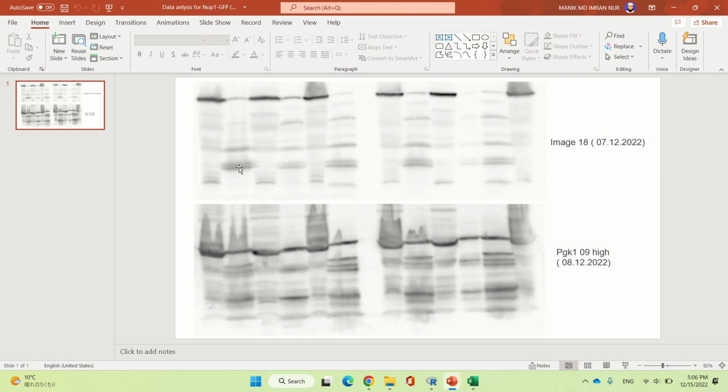Yes, but all of the data must be normalized to some other factor. Normalized means like this. For example, normalization in case of UV spectrophotometry. This is my cuvette. It contains, suppose, BY plus DW.